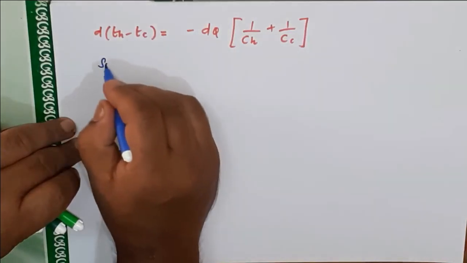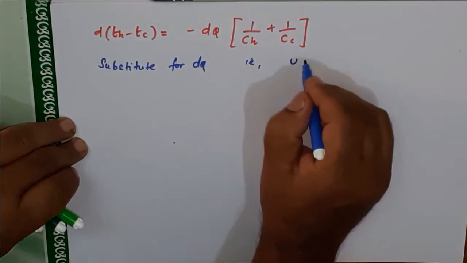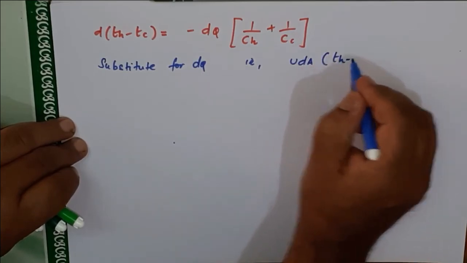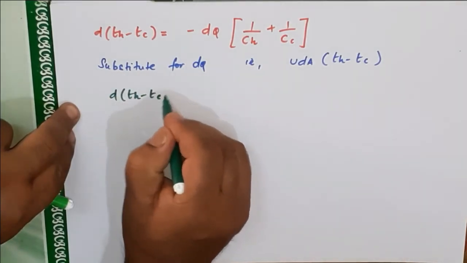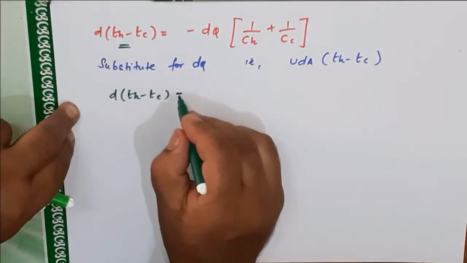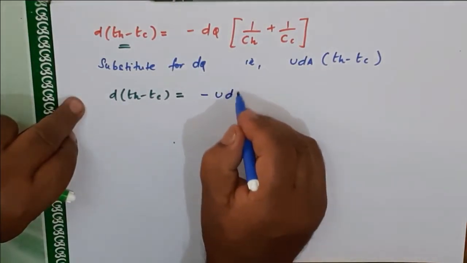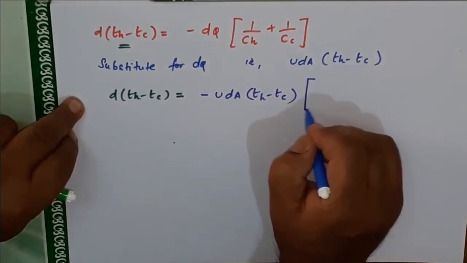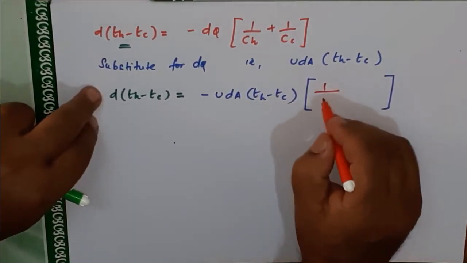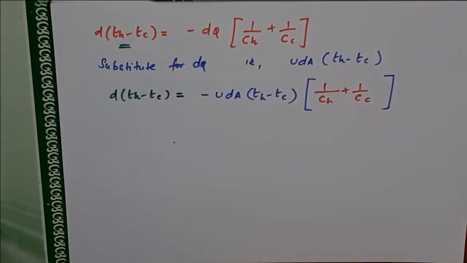Therefore, substitute for dQ, that is U dA TH minus Tc. d into TH minus Tc is equal to, instead of dQ, minus U dA into temperature of hot fluid minus temperature of cold fluid into 1 by heat capacity of hot fluid plus 1 by heat capacity of cold fluid. Now arrange all the temperature terms to one side.